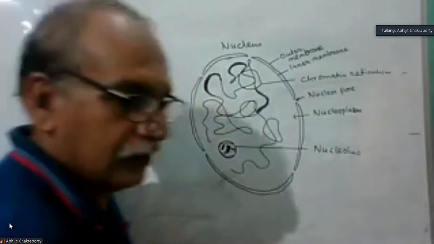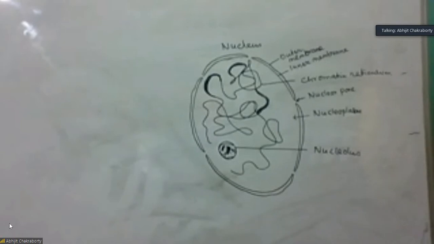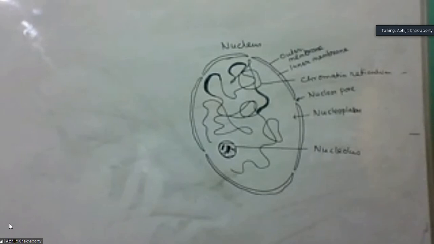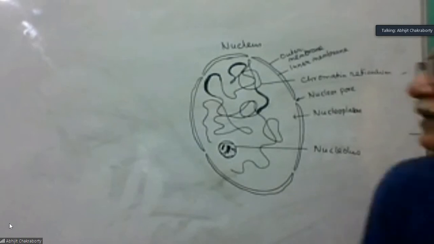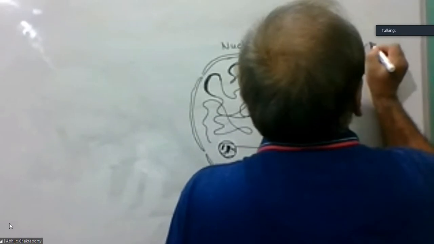So first of all, the nuclear membrane. If you go to the nuclear membrane, there are two wall layers. One is the outer membrane and the second one is the inner membrane, and both these membranes are trilaminar, that is, PLP membrane.